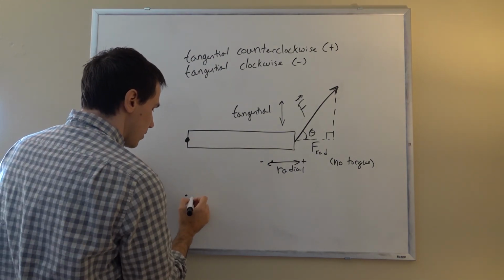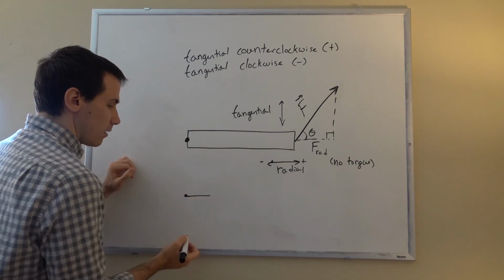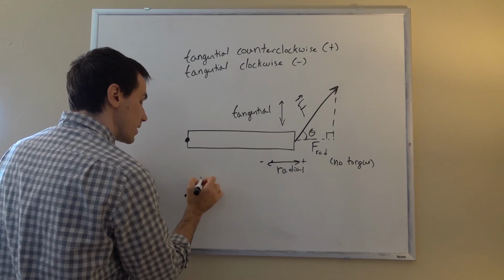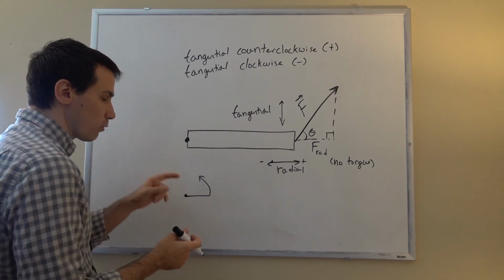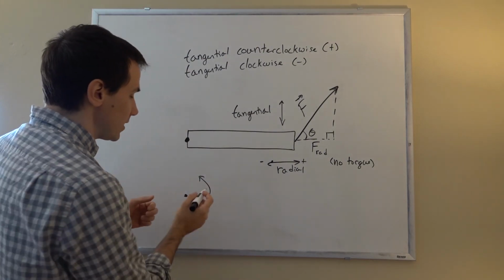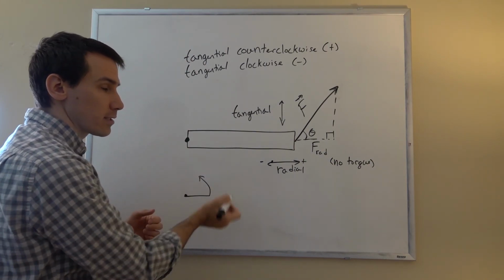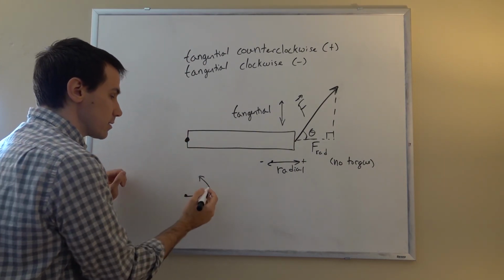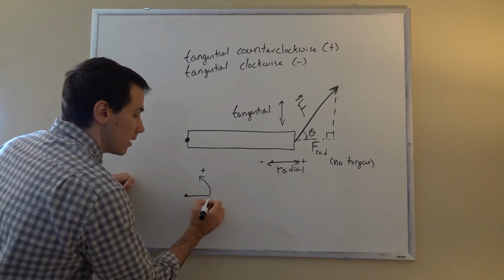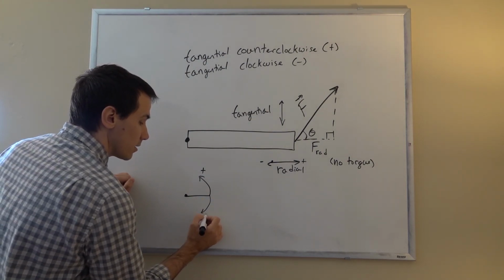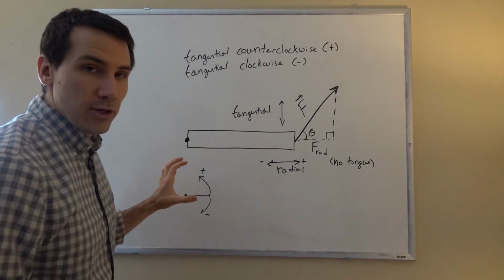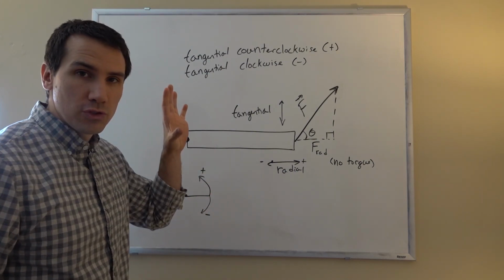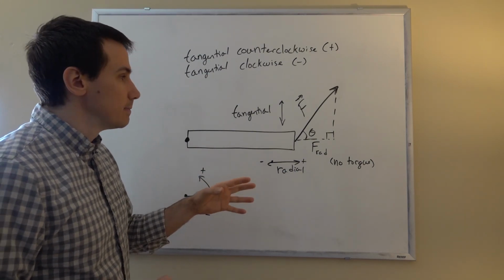So if I just have some arbitrary thing here, any force that attempts to move me, so the force wouldn't point in a curve, but if it attempts to move my object counterclockwise, then I call that positive. And if it attempts to move my object clockwise, then I call that a negative torque, right?